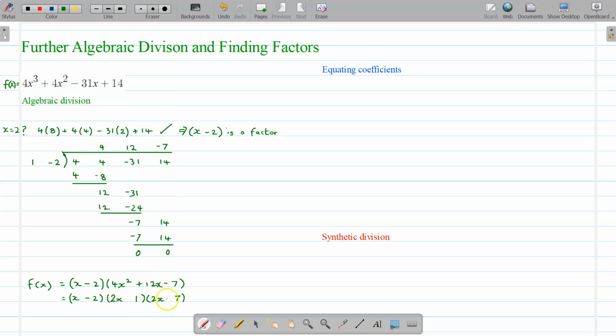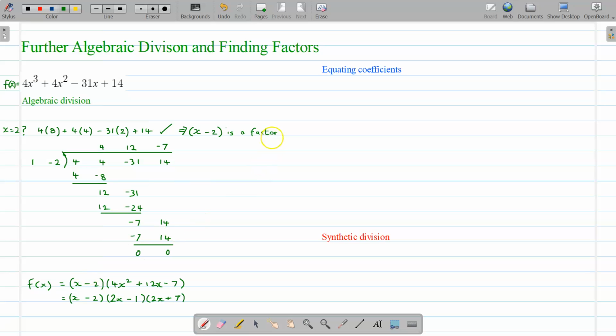So to get the 14, that would be a plus, and this would be a minus. You can check that out by multiplying out those two brackets. So there is the full factorization of f of x using algebraic division and then factorizing a quadratic.